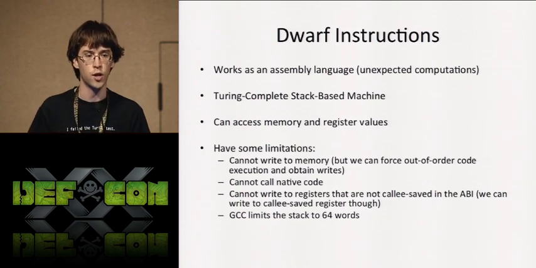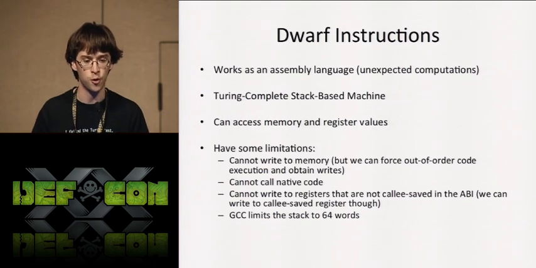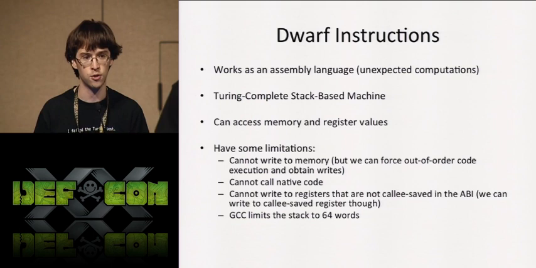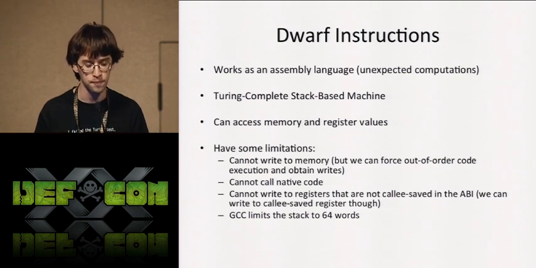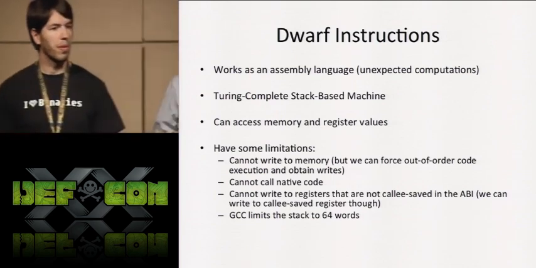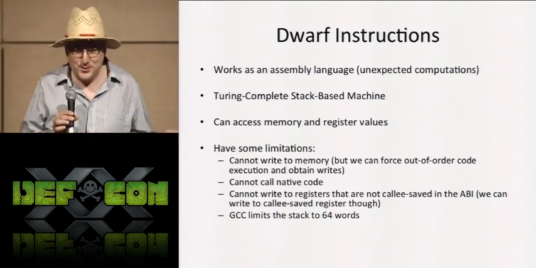So the registers that most of the time you'd really want to write on x86-64, the registers that are used for parameter passing, you can't actually write those directly. So you end up having to find code sections that load those registers from things that you can control, and then returning the execution to that code section.